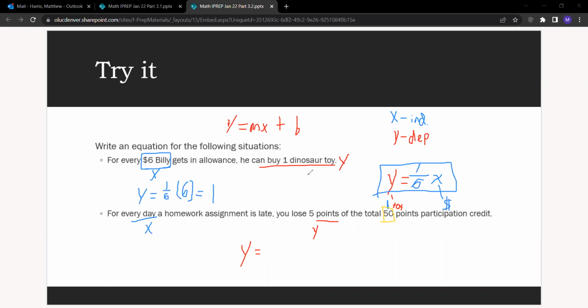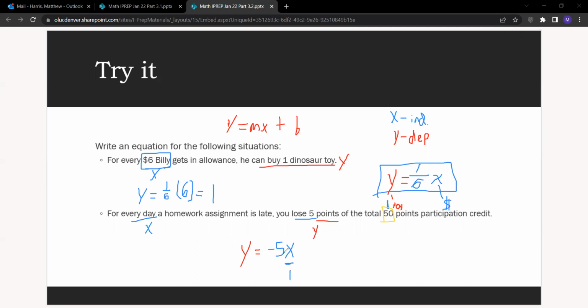For every 1 day of x, how many points are we losing? 5. So for every 1 day that we're late, we lose 5 points.